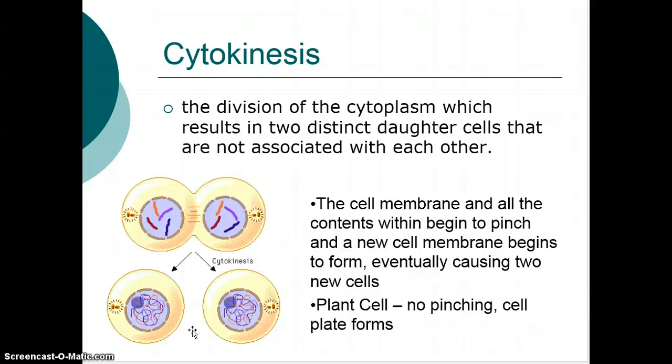You will also notice on page 284 the difference between an animal cell and a plant cell, and how the animal cell pinches in half, where a plant cell will have a new cell wall that develops in between the two of them called a cell plate.